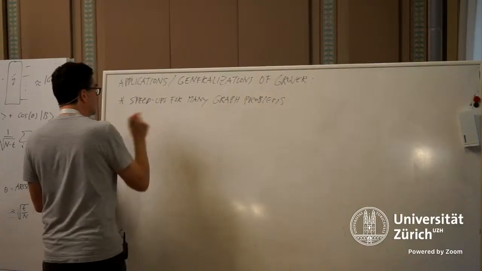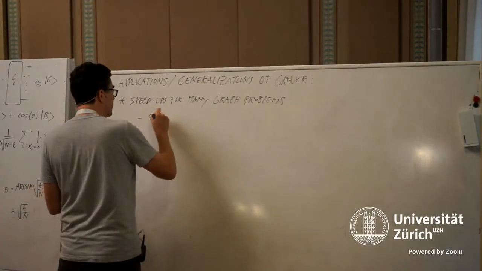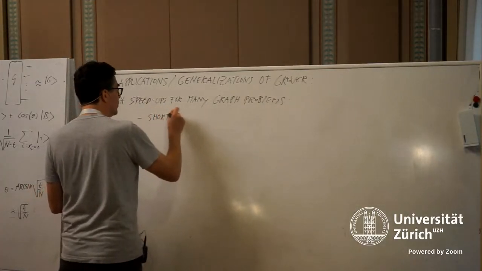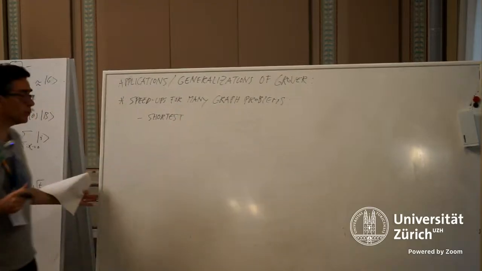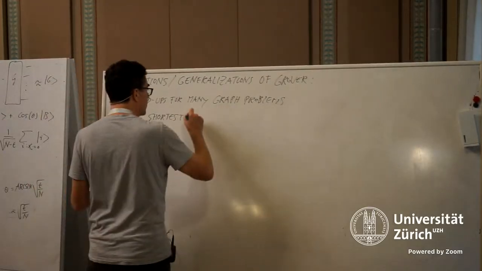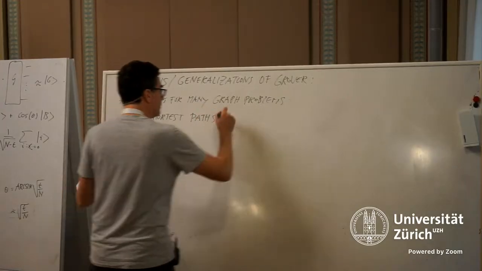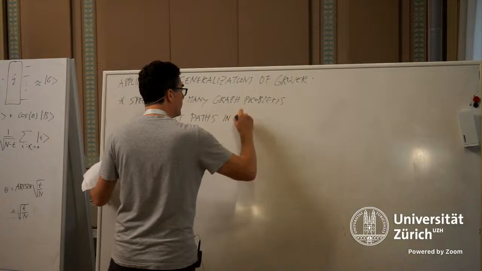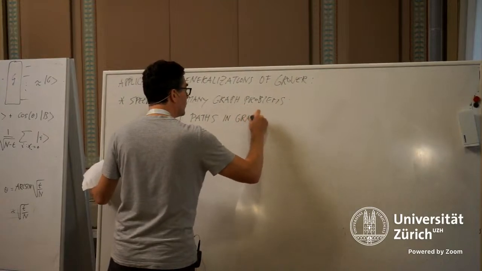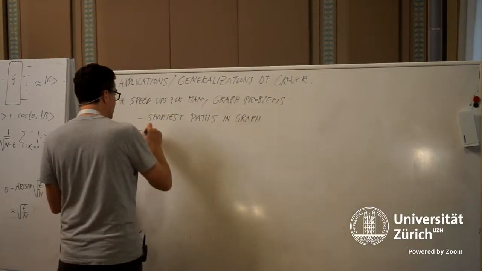For instance, finding shortest path in a graph. This is a basic navigation problem that your Google Maps will solve for you. You can get a speed up there from Grover. Finding matchings in graphs.